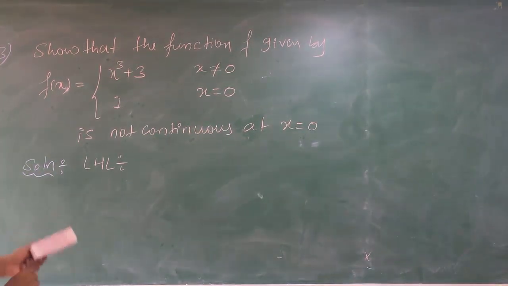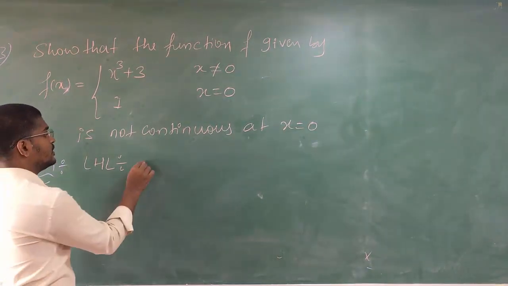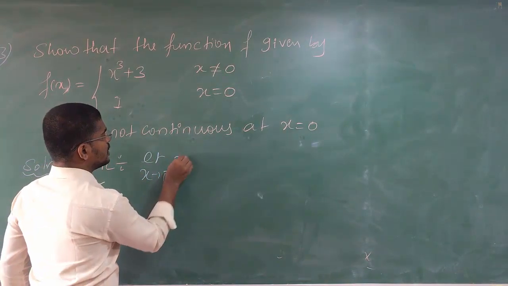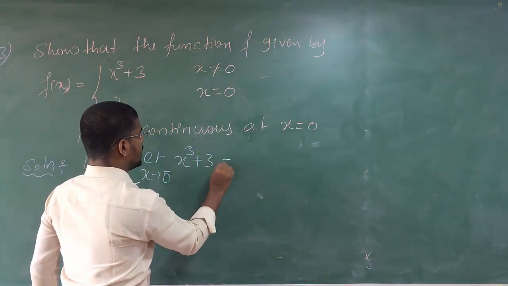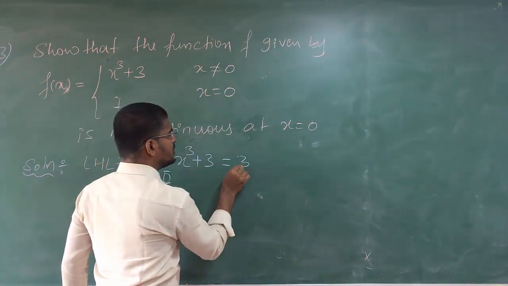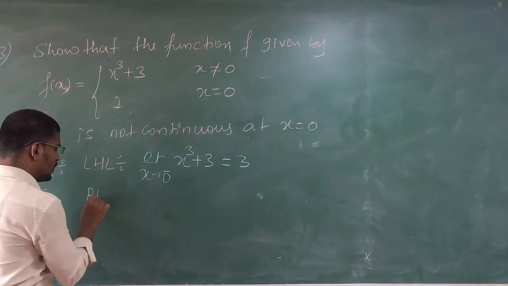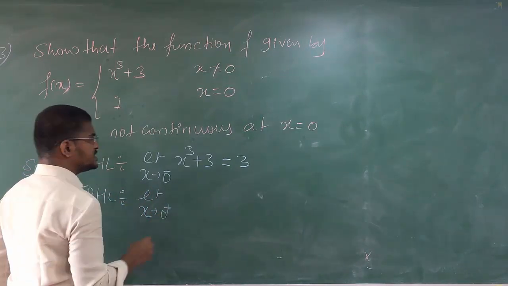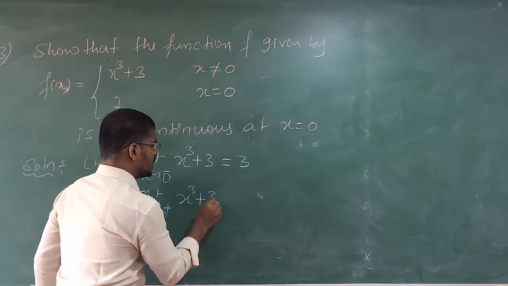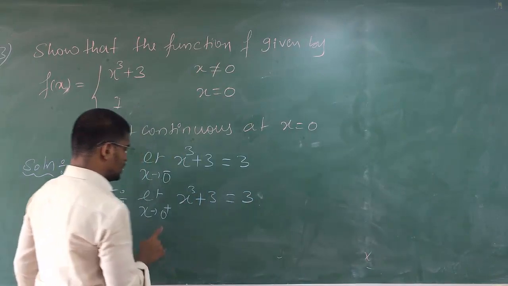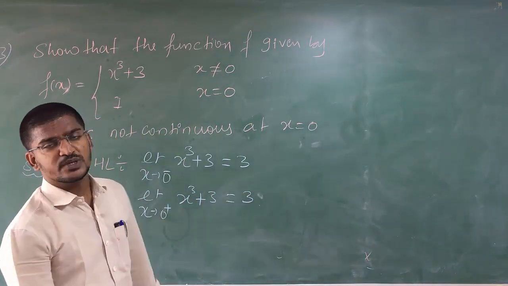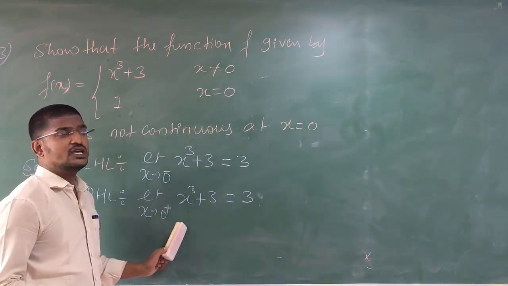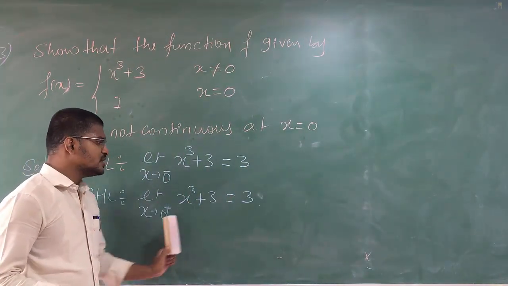Okay students, now let us solve the LHL, that is the limit as x tends to 0 minus of x cube plus 3. If I take 0 here, it will be 3. And if I solve the RHL, the limit as x tends to 0 plus of x cube plus 3, again it is going to be equal to 3. This is not a special type of function, so I will not go for substitution. Directly I will put x value as 0, so the RHL will also be 3.